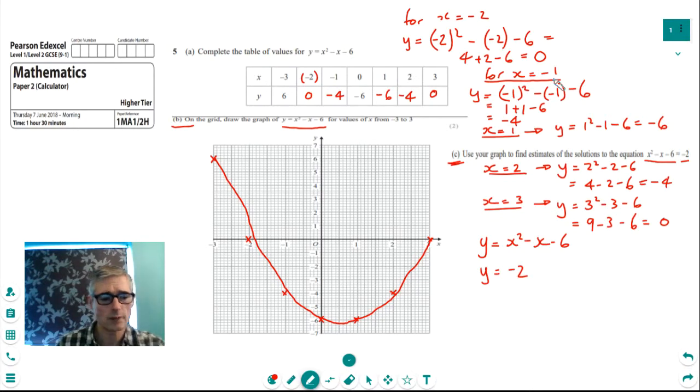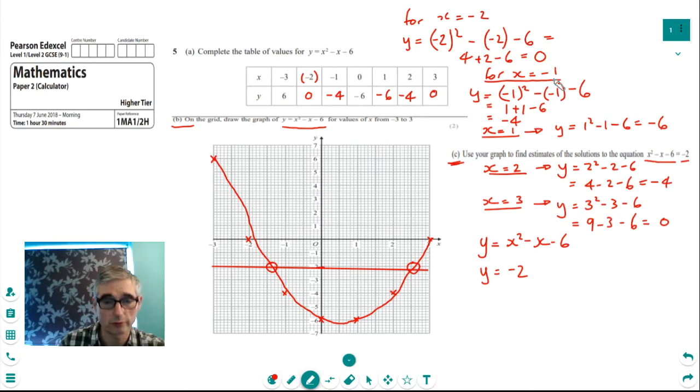Now, the graph y equals minus 2 would just be a horizontal line like that. So going through minus 2 there, the places where it crosses are going to be there and there. And they are our estimations.